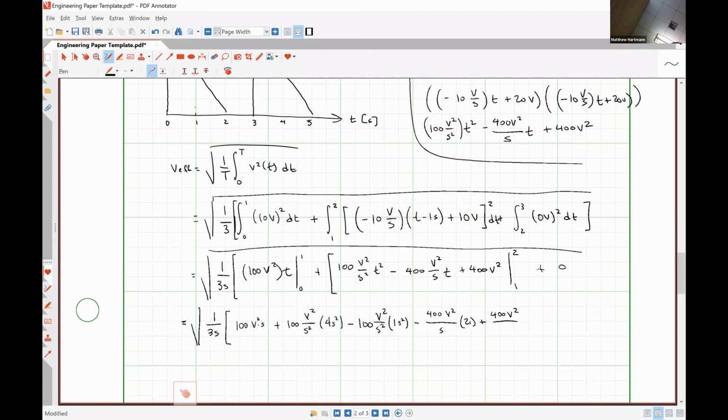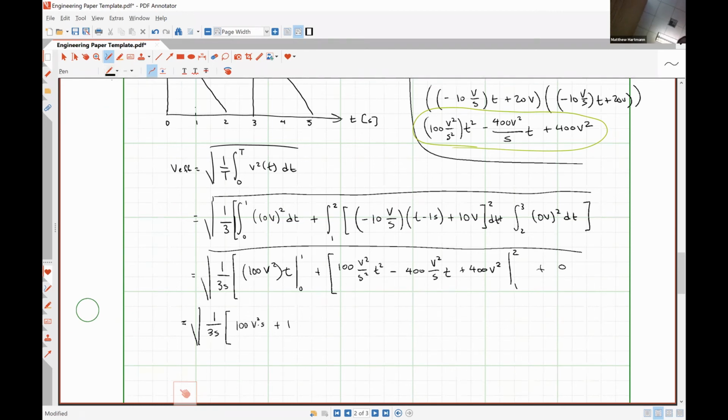Oh, I didn't integrate. That's why I was confused about the units. What I mean is I took this guy right here and I just dropped it straight in, but I'm supposed to integrate that, right?